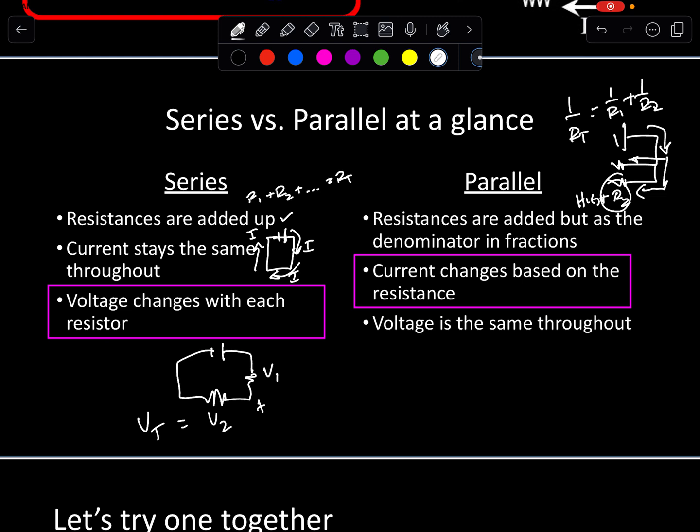Voltage now, this is again a little different than what we saw before, because as that voltage goes here, there's nothing to steal that voltage. So again, if we've got an 8-volt DC source here, right, as soon as it gets to this point, it's still 8 volts because there's nothing to absorb or take away that voltage.